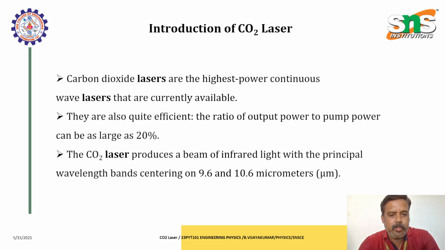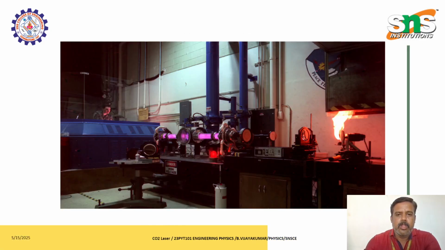The CO2 laser produces a beam of infrared light with a wavelength band centering at 9.6 to 10.6 micrometer. So this is the exact picture of the CO2 laser in the lab.